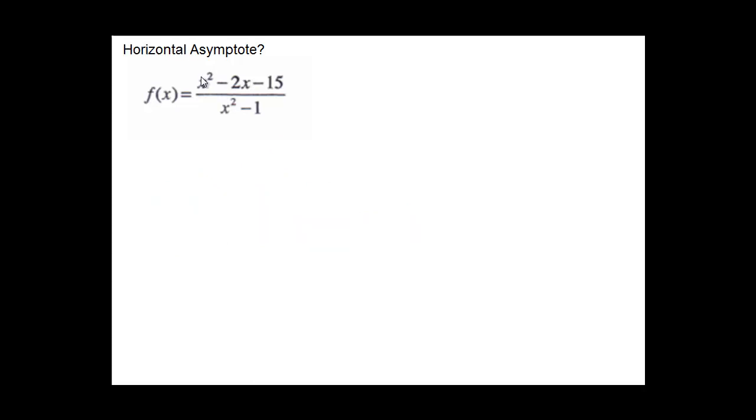Next, we look for horizontal asymptotes, and remember we're going with our little table, looking at the degrees of our numerator and denominator. The degrees here are equal, so you take the leading coefficients. So it is 1/1. So our horizontal asymptote is going to be y equals 1.